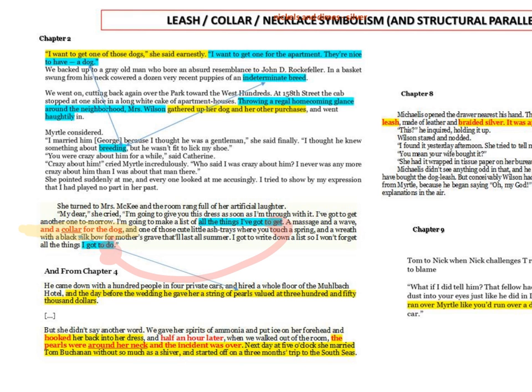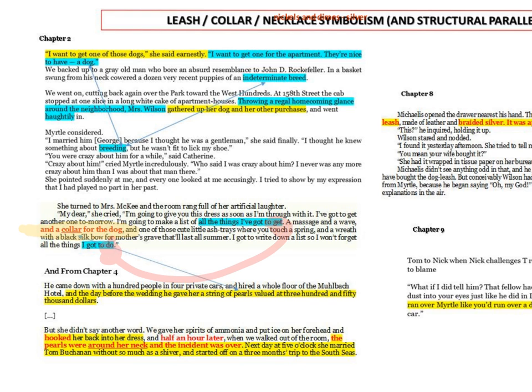Look at Myrtle here. Her purpose, her reason for being is to get. Her doing is getting. Spend, spend, spend, buy, buy, buy, consume, consume, consume. We'll say more on that later when we look at the very important description of Myrtle, or Myrtle's body, really, after she's hit by the car. So that's very symbolic later on.